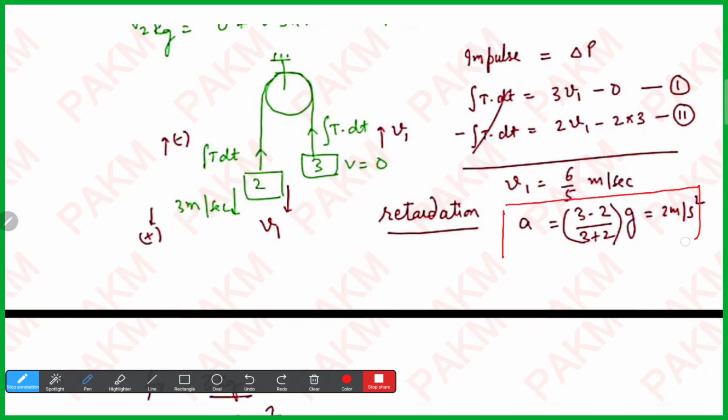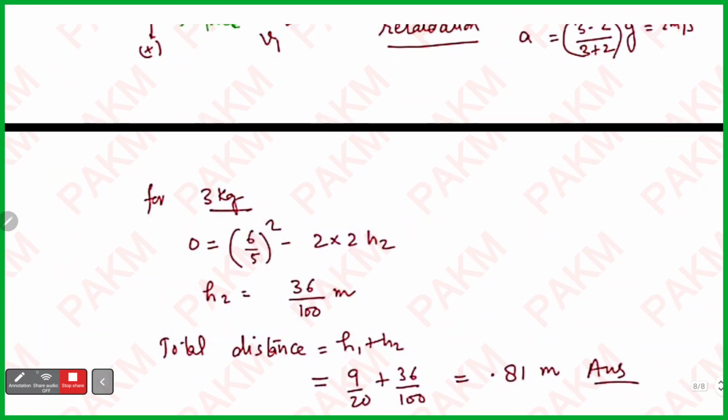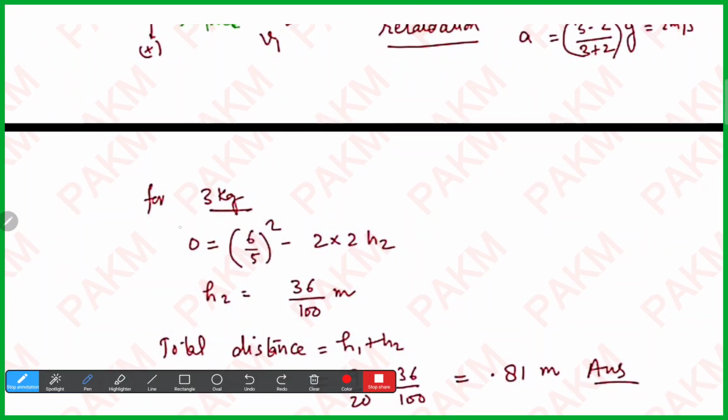This is the common retardation, like you know very well, m1 minus m2 upon m1 plus m2 into g. So that comes out to be 2 m/s². From this position to some height h, the block will start moving with initial velocity and the final will be zero, of course. We can calculate the additional distance the 3 kg block covers after common acceleration or common retardation. The final velocity will be zero.